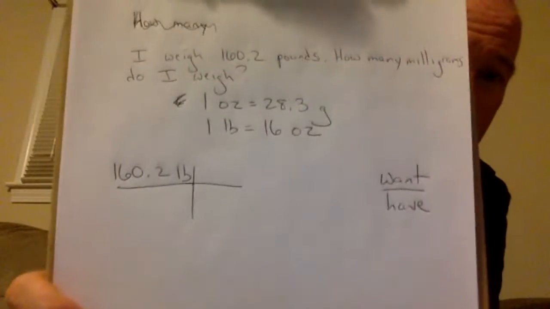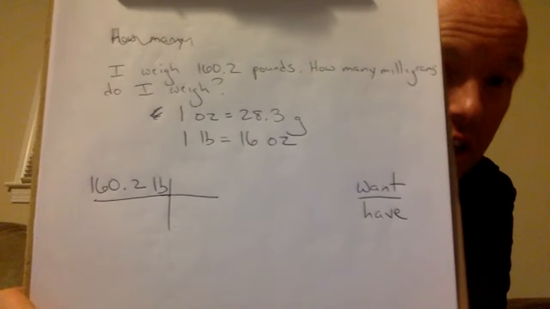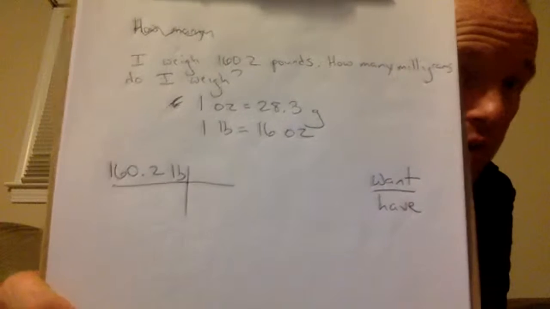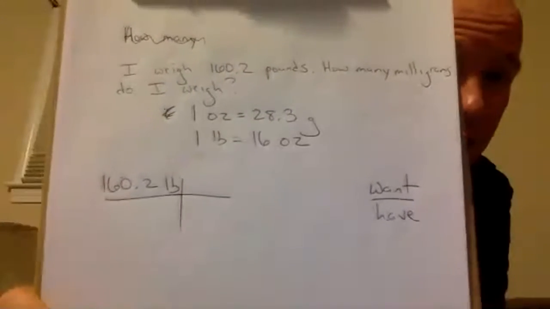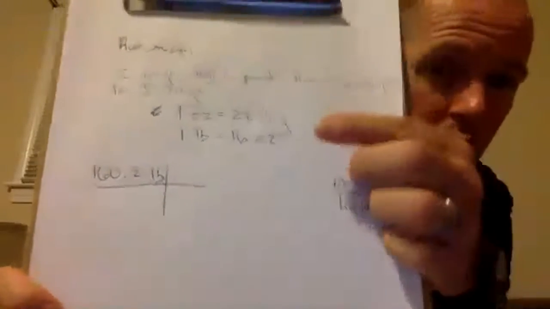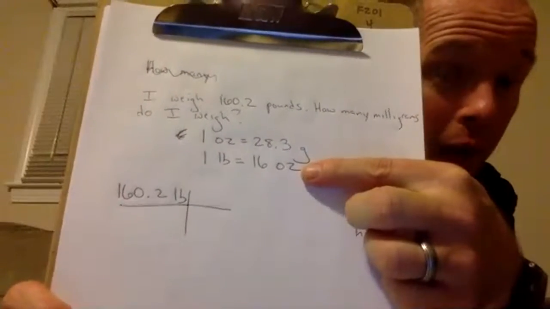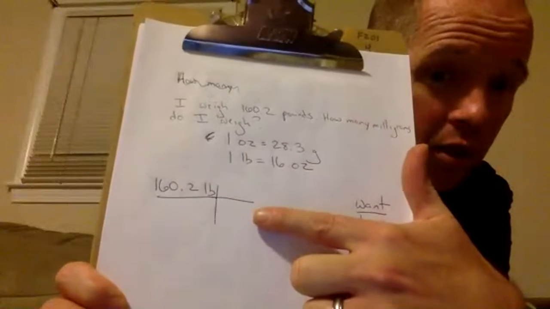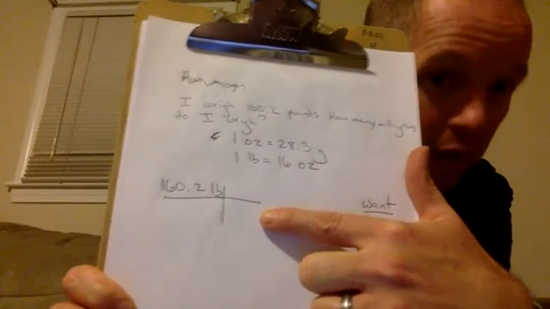So, if I'm trying to convert based on the information that I have, I'm probably going to want to convert from pounds to some other unit. And it looks like the best conversion factor to use is this one right here: 1 pound equals 16 ounces. Now, I'm going to put pounds down on the bottom because I want pounds to cancel.